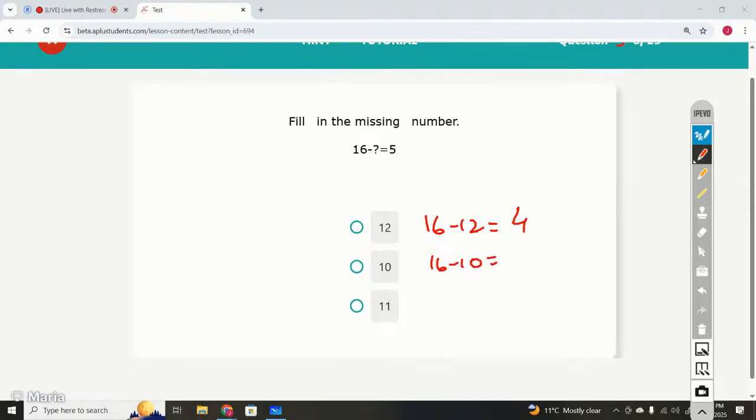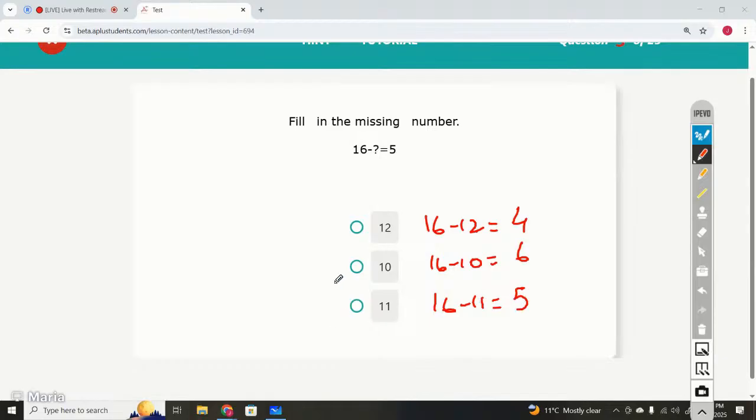16 minus 10. So start with 10 and count up to 16. 10, 11, 12, 13, 14, 15, 16. That is 6. 16 minus 11. 11, 12, 13, 14, 15, 16.